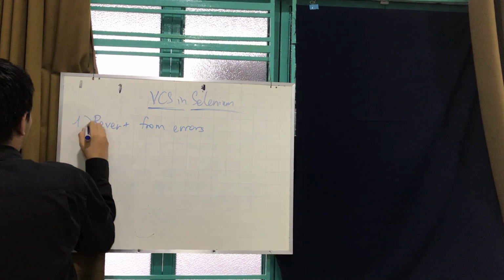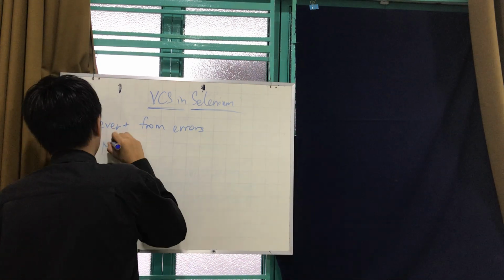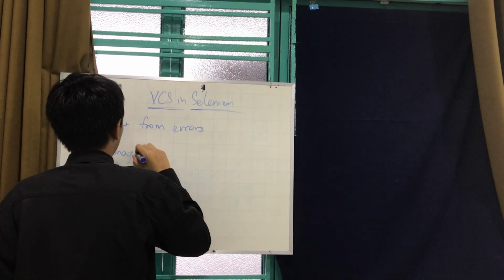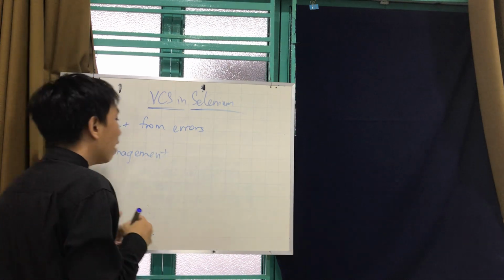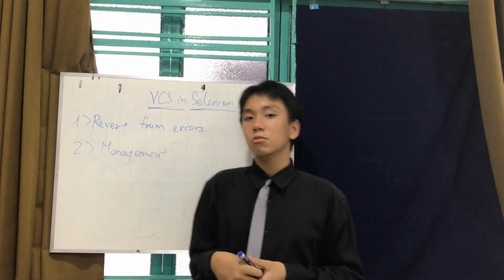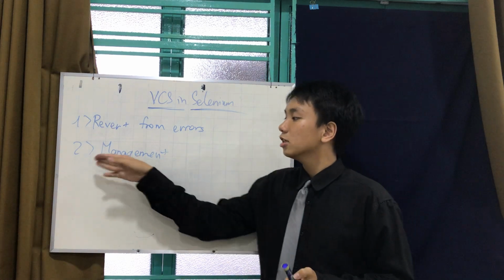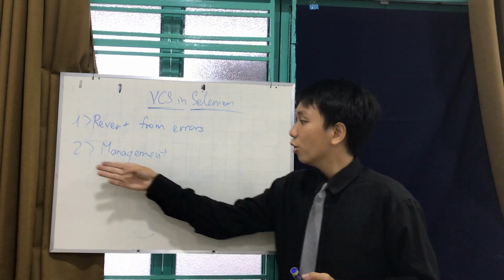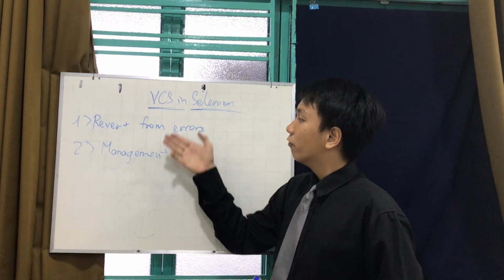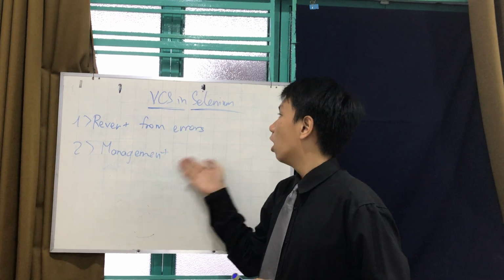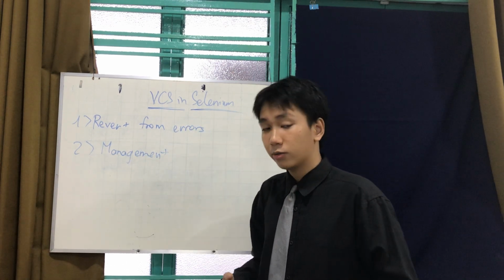That is 1. 2. Management. If you have a team working on Selenium, I think management will be an ideal goal too, because it will let you manage work, right?